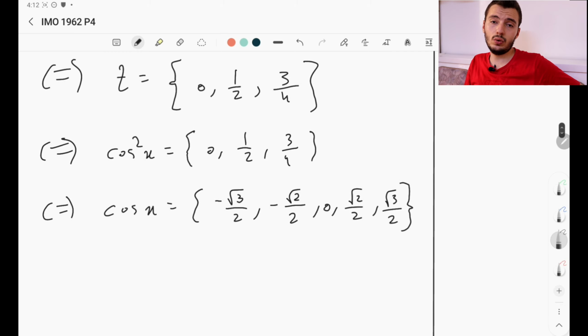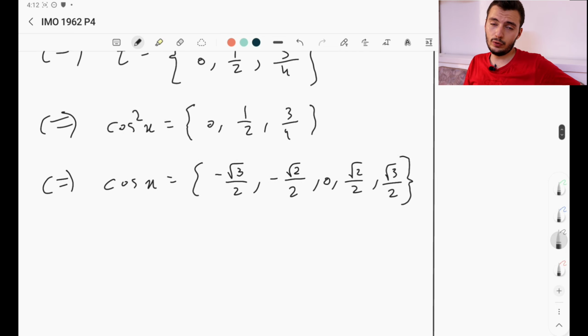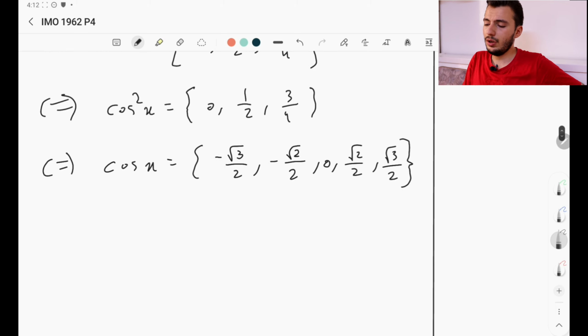All right, so now we got all our solutions for cosine of x. Nice. Now, of course, we need to find the value of x, not just cosine of x. Clearly you have recognized these numbers. This is the cosine of what? The cosine of pi over 6, right? Or 30 degrees. This is 45 degrees, or pi over 4.